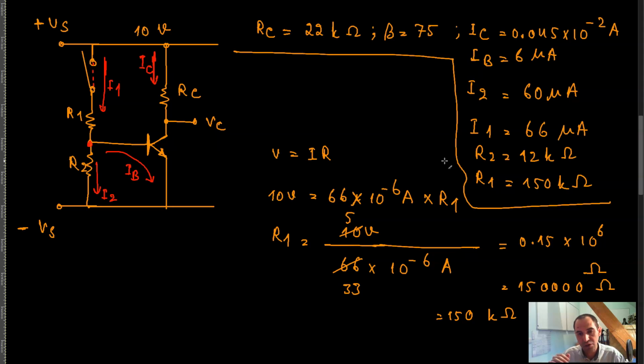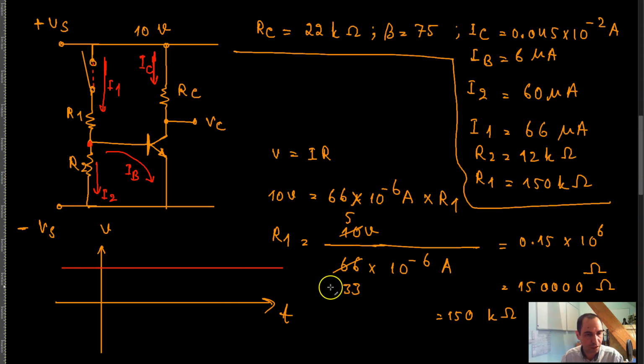The conditions are kind of man-made in DC. I mean, in DC, you have the voltage as a straight horizontal line going through. If this is voltage and this is time, the voltage is basically always something like this. Of course, there is some ripple on it, but the ripple most of the time is negligible.